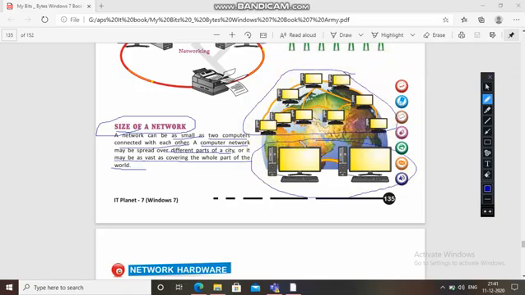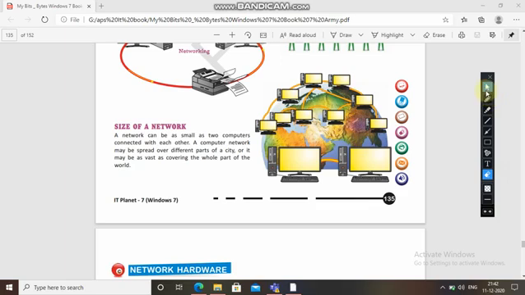Two computers, or a city, or the whole world. This much can be the size of a network. So a network can be large or small, that depends. As you know, different numbers of persons, so you have a good network. If a person knows only two persons, that is also a network.